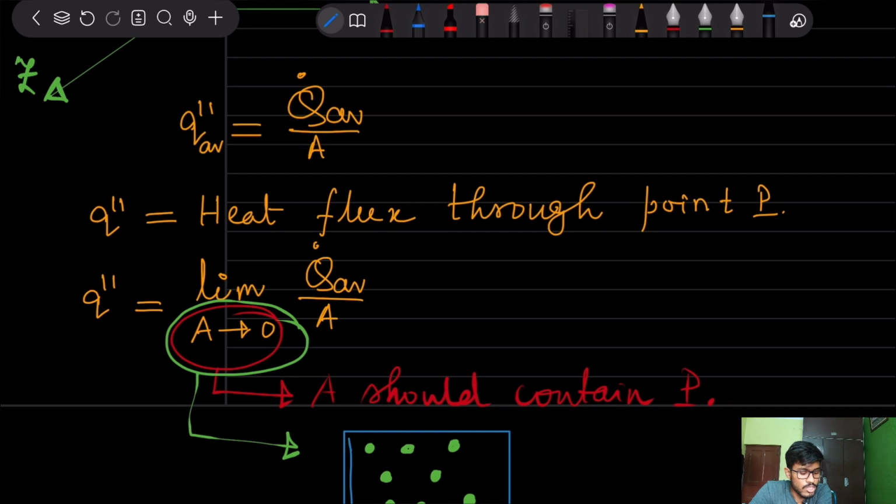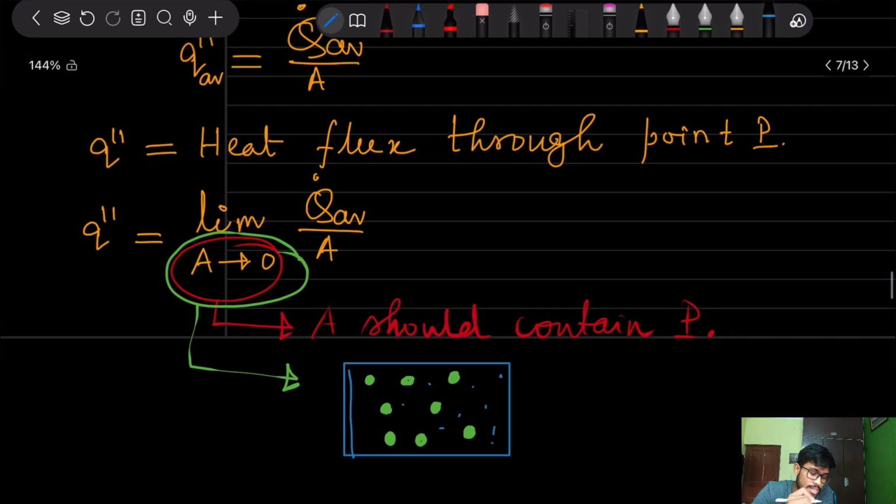Then you can see that you have 6 to 8 molecules in your domain, and you cannot consider this domain as a continuum anymore, because the properties will vary, and also not at every point are the properties defined, because not at every point is a molecule existing. So at this position there are no molecules.